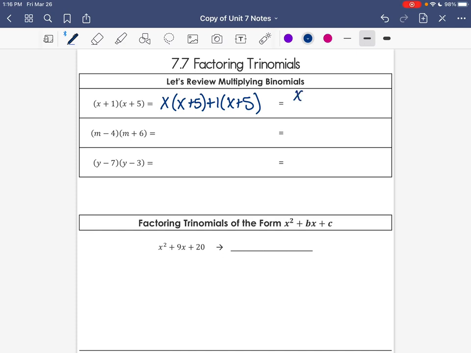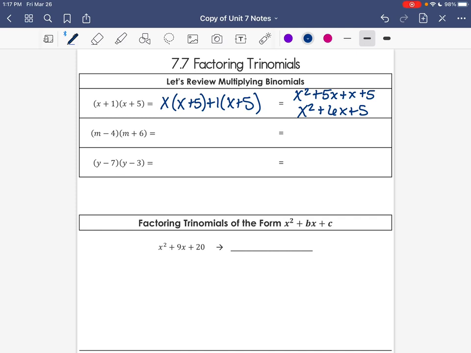So we'll have x squared plus 5x plus x plus 5, because 1 times x is x and 1 times 5 is 5. And so then we have to combine these like terms, so we'll have x squared plus 6x plus 5. So remember, that's 5 plus 1 in the middle there.